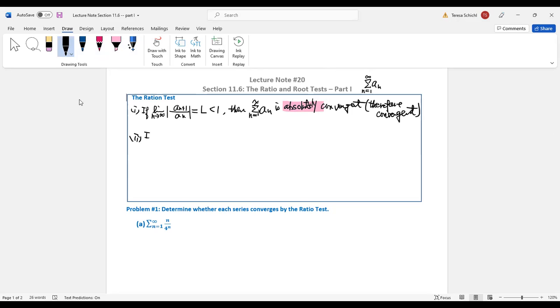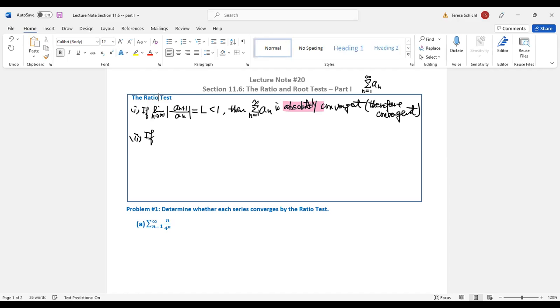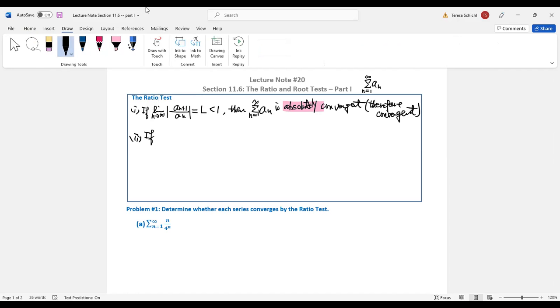Now the second one: if the limit as n approaches infinity of |a_(n+1) over a_n|, comparing two terms right next to each other, equals L, and L is greater than 1, that means the a_n sequence is an increasing sequence.